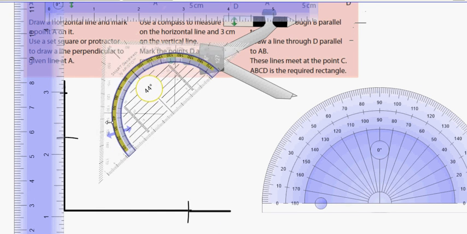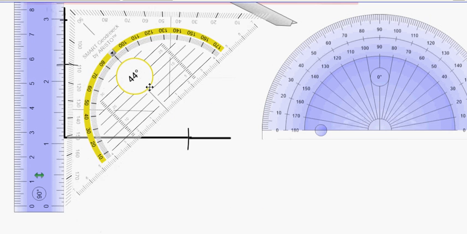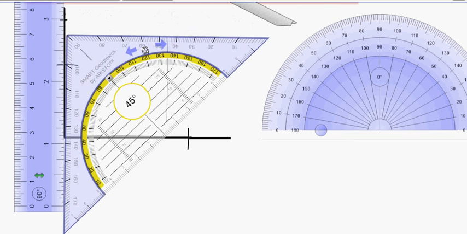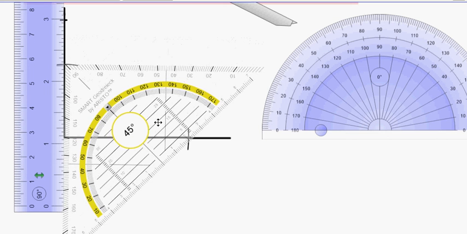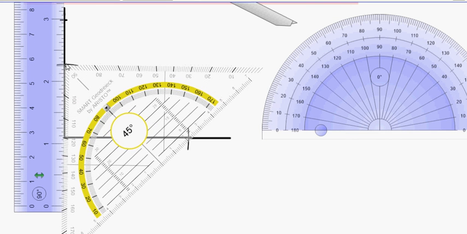Hopefully it's long enough. I'm going to move the set square down. And then, it's not quite there yet on the angle. There we go. Okay, I'm going to move it down to the point at which I cut at. Then I'm going to measure across. There's my straight line there, to about 5 centimeters.